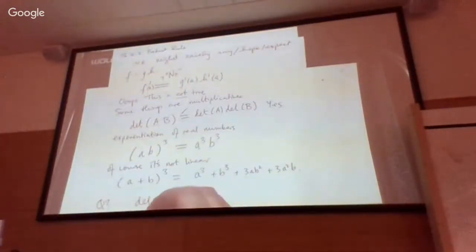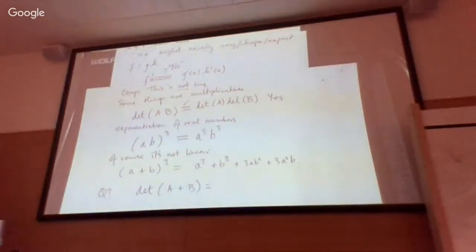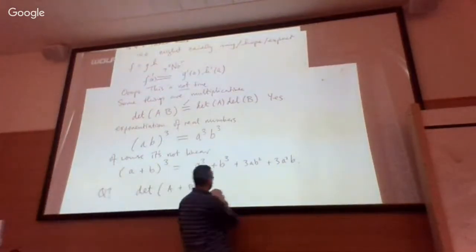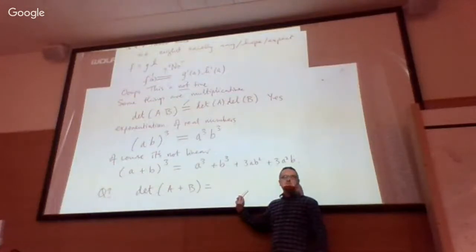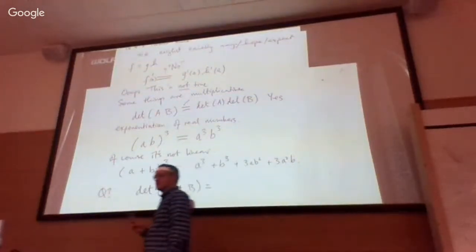If you could add two matrices, you might take a bet or a punt or suggest maybe that's the determinant of A plus the determinant of B. It's not.